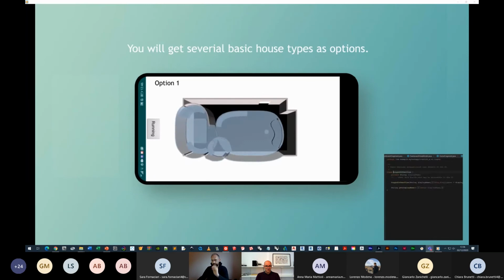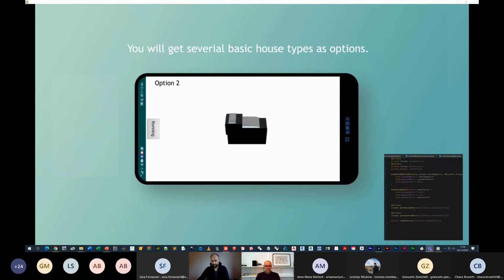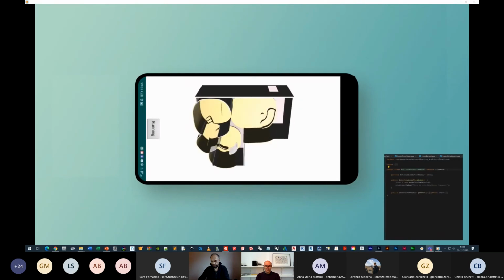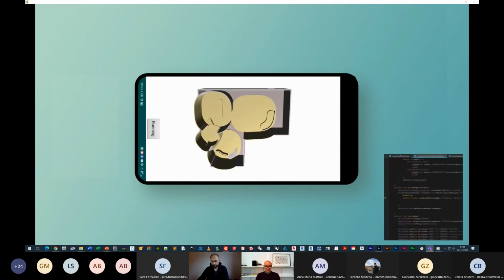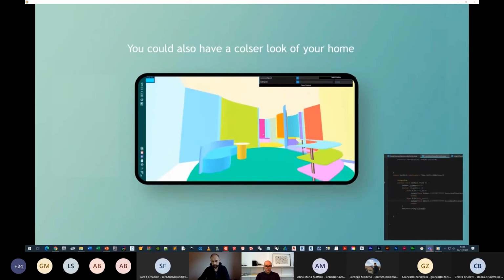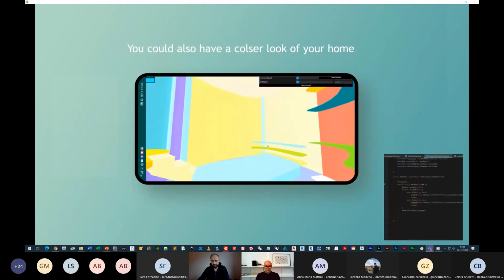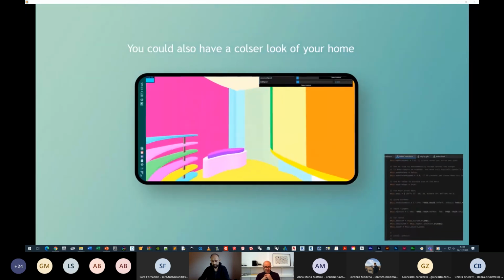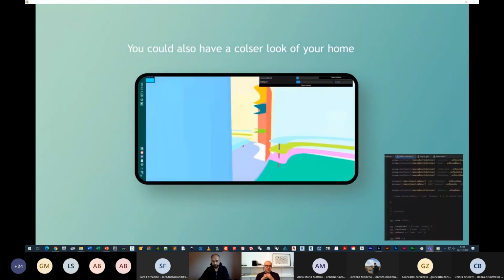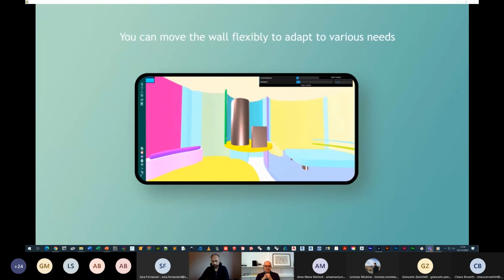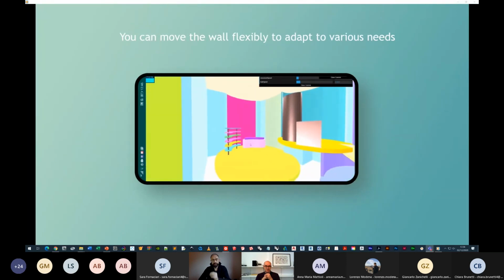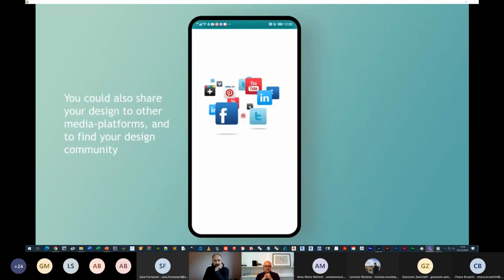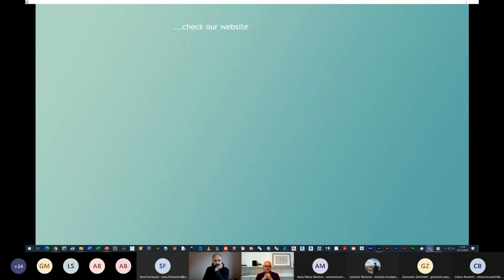Now our customer algorithm is working for you to select your houses. You will get several house types as options, such as different layout. You could also have a closer look of your favorite one and check out its design features. You can even change the layout in real time. For example, moving the wall with flexibility according to your needs. For more information, check our website.